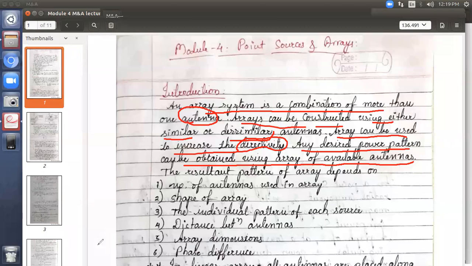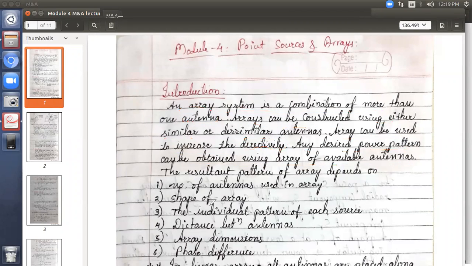What is the meaning of the statement? Any desired power pattern. See, in this, there are two possibilities. In yesterday's session, I was telling you in the class, if I give you certain material and I tell you that I want to design one antenna which has certain directivity, this is the target: I want directivity D equal to 5.